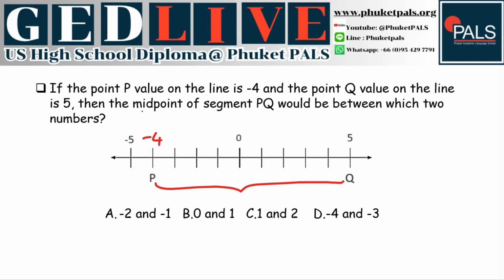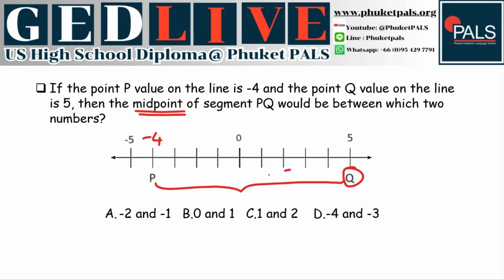And what you have to find is the midpoint of this PQ segment. That means you just have to find the midpoint of the distance between P and Q. How do you find that? For that you have to choose either P or Q, and from there you will be counting the divisions between them. So I'm going to choose Q here and count the divisions between them.